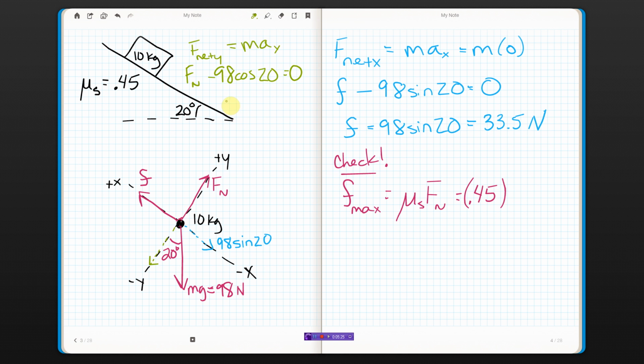So what I end up with is that normal force equals 98 cosine 20. Ooh, just dropped my calculator. Which is 92.1. Okay, I'm going to put that over here.